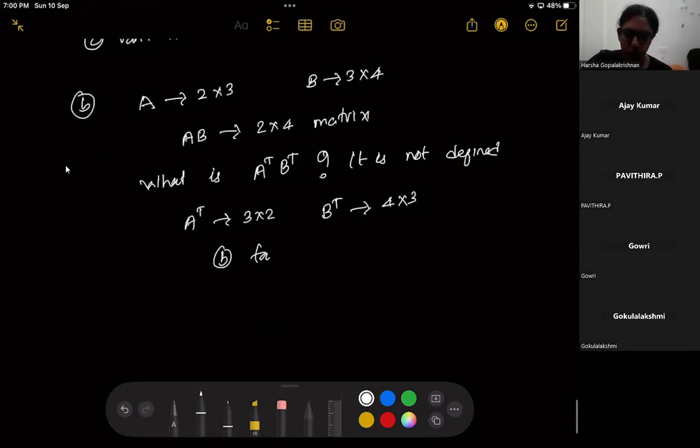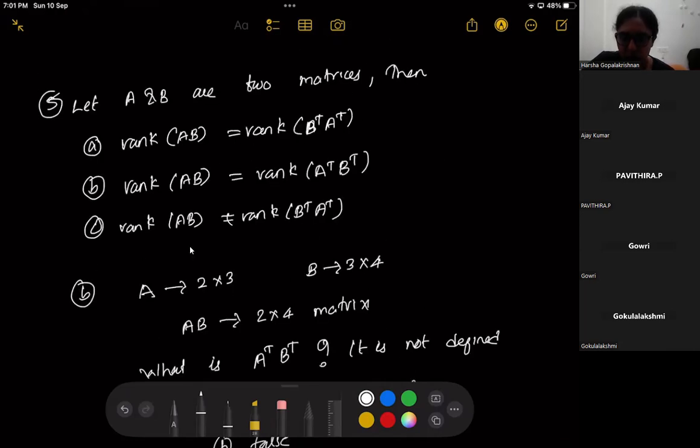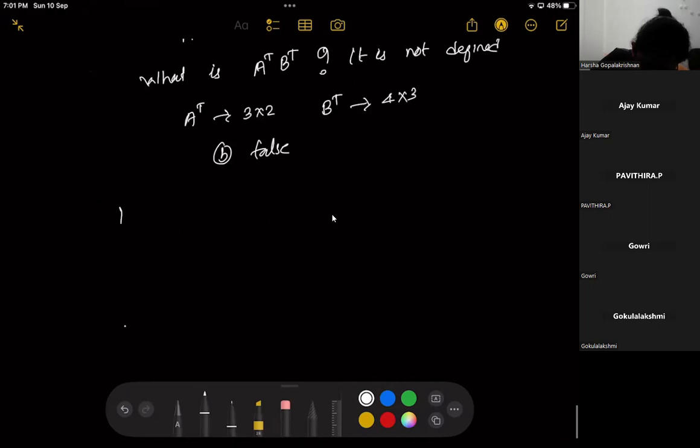Okay. So now we are remaining with only two options. Rank of AB equals rank of B transpose A transpose, or rank of AB not equal to rank of B transpose A transpose. So for that, we will prove the result.